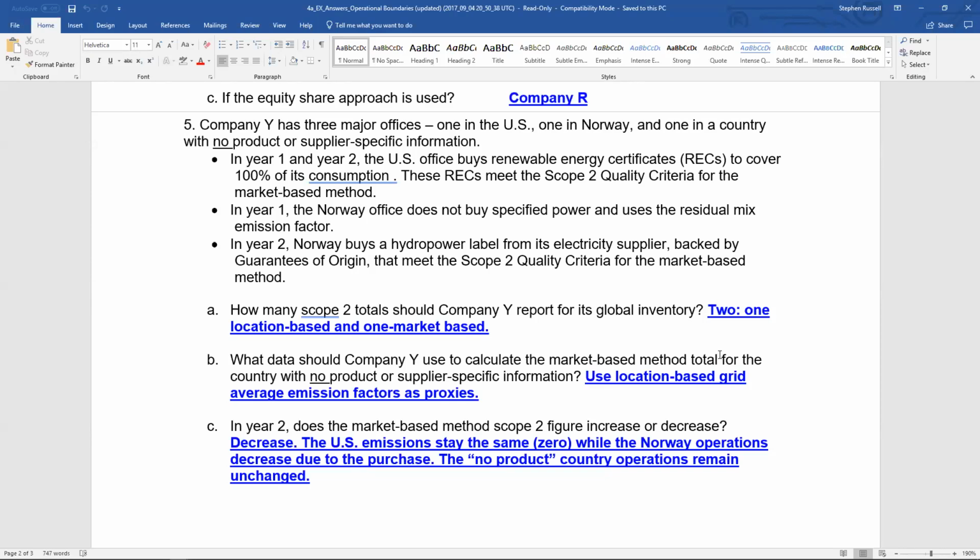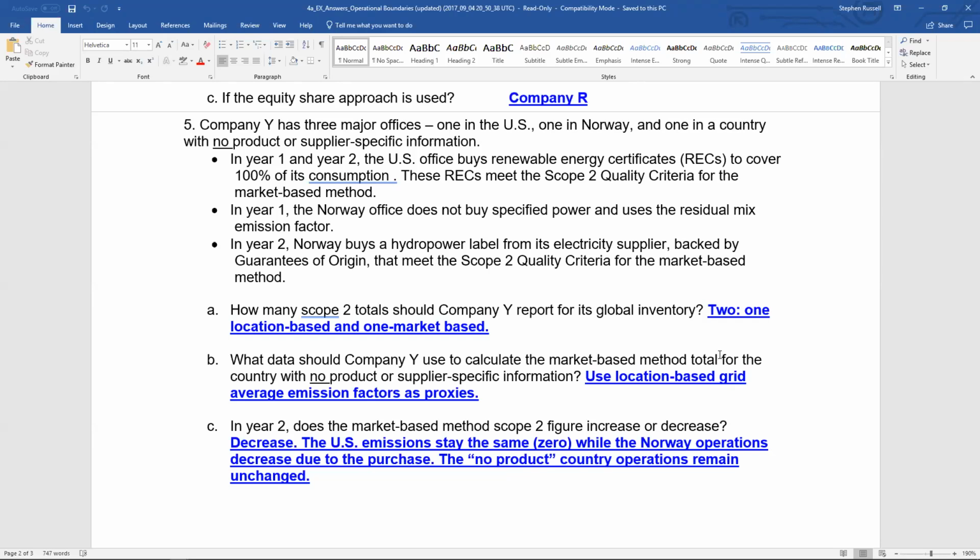Thinking back to lesson 4 on day 1, recall that companies have to report 2 Scope 2 totals whenever they have operations in any country that offers differentiated electricity products. And that's true regardless of whether or not the company actually purchased these products.